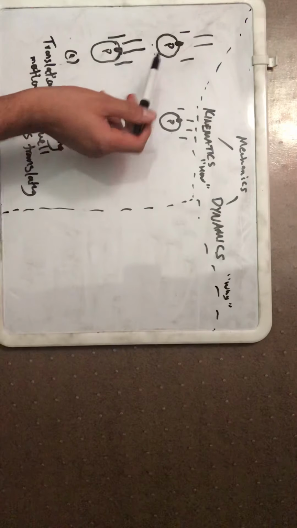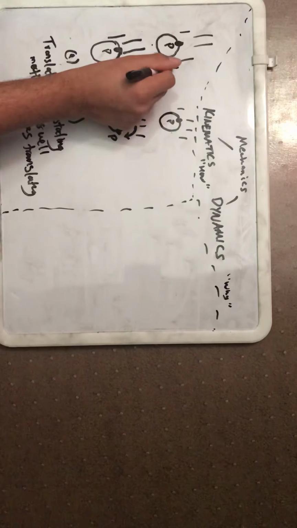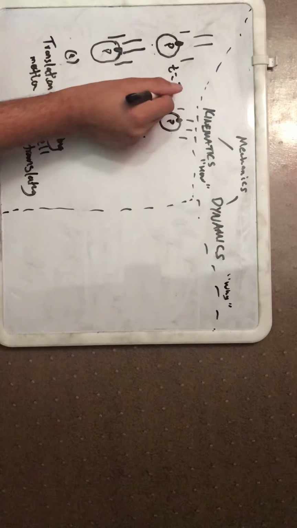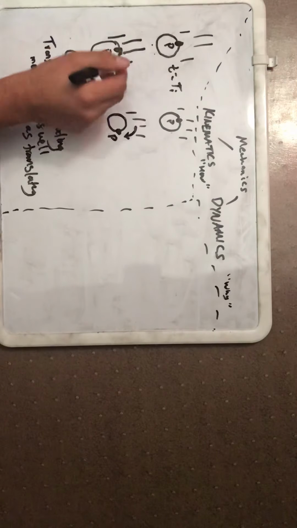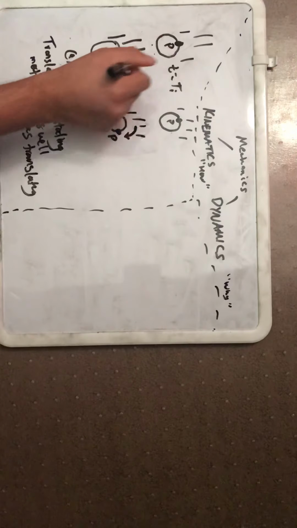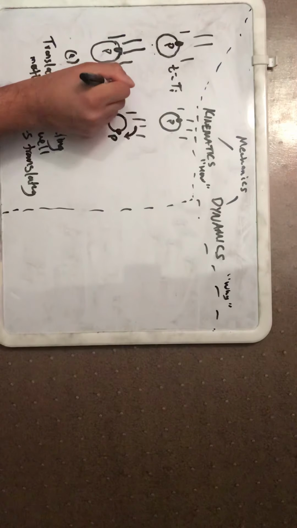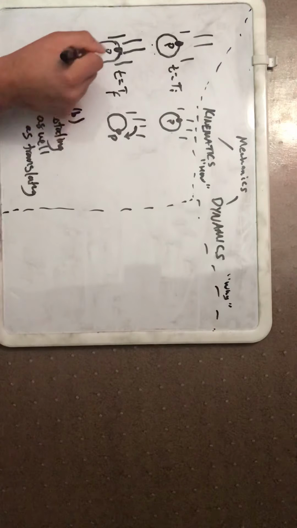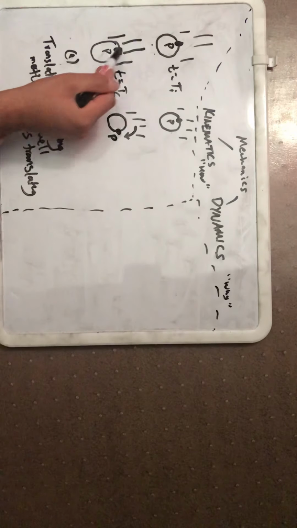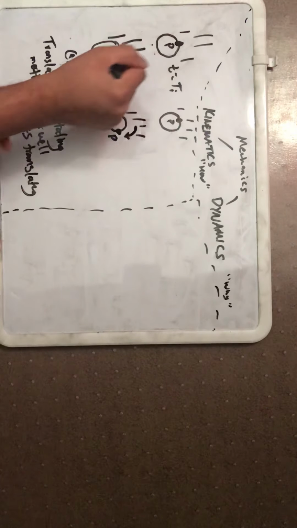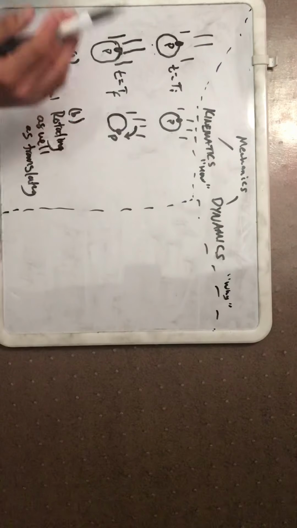At time t equals ti, it is in that position, and in this position it has fallen a little bit. But as you can see, this point P remains constant. It has not shifted. It hasn't rotated at all.